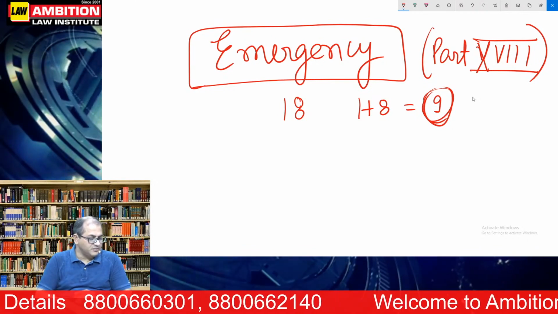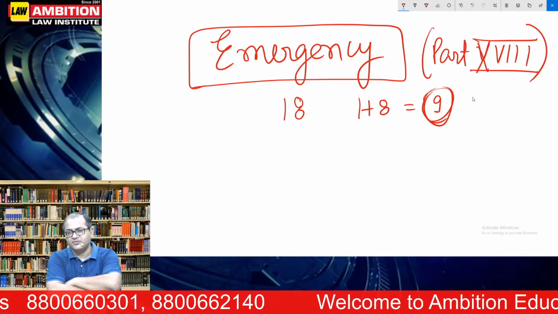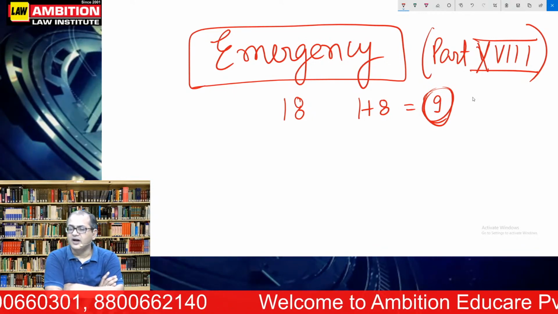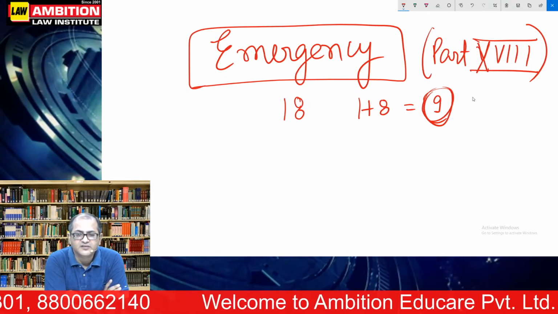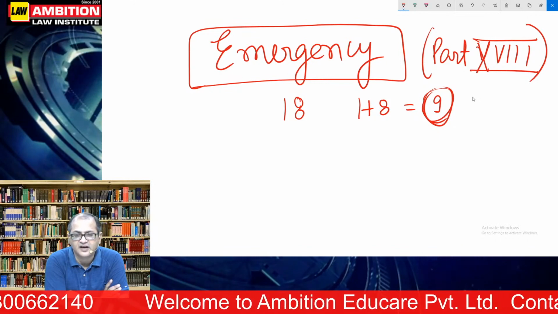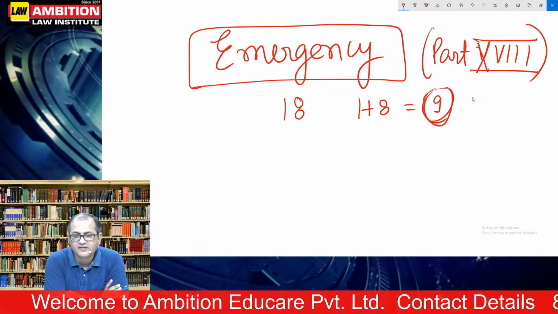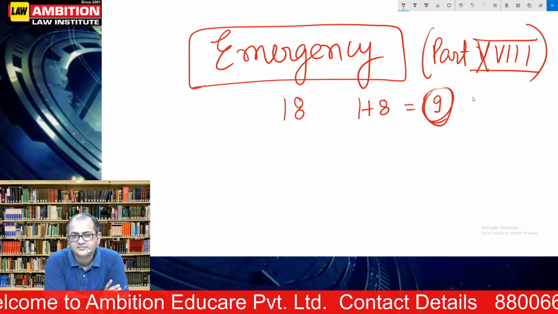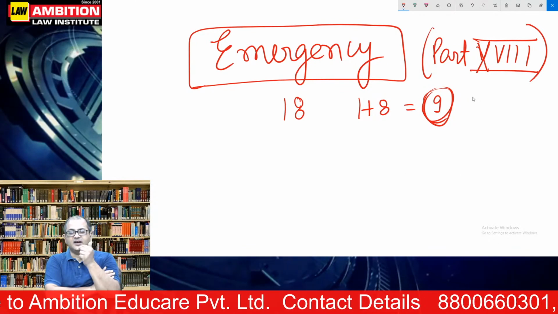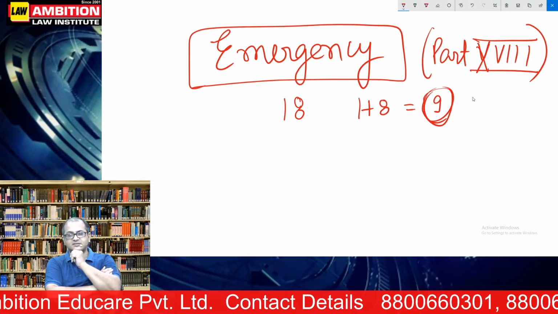Some of the answers will be very clear in Article 352 itself. You read Article 352, as I said, 1 plus 8 is 9. There are 9 clauses, and all clauses have some different idea. You pick the relevant idea, you remember even the clauses. Very simple.